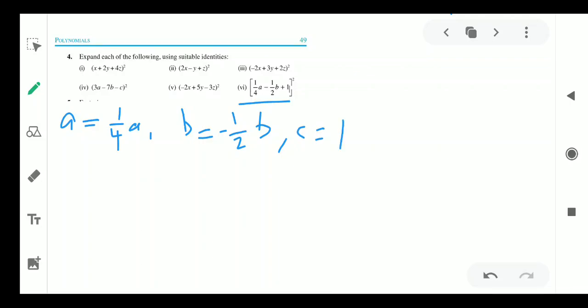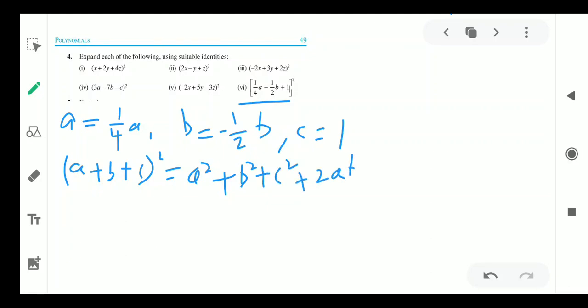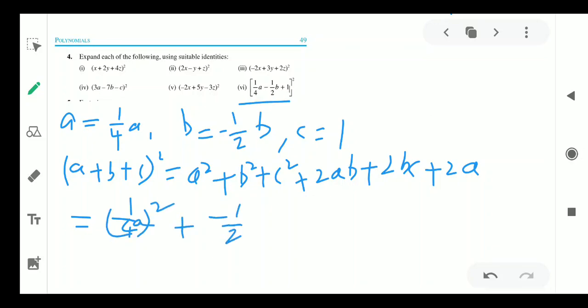Okay, so now what is the formula? (a + b + c)² is equal to a² + b² + c² + 2ab + 2bc + 2ca. Then simply you have to substitute. What is the a value? (1/4 a)². b is (−1/2 b)². c means 1².